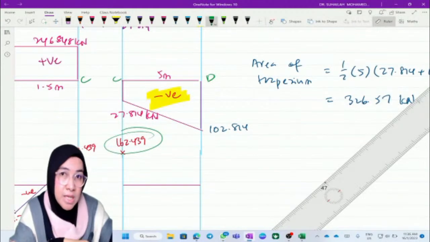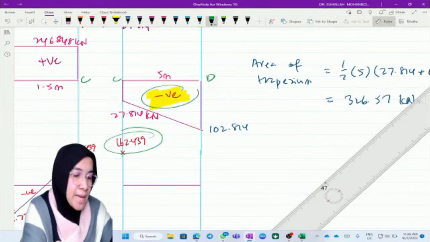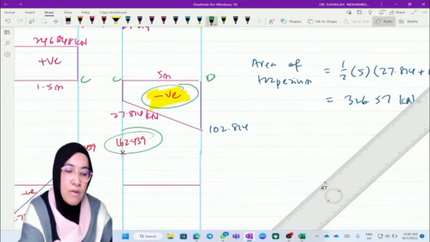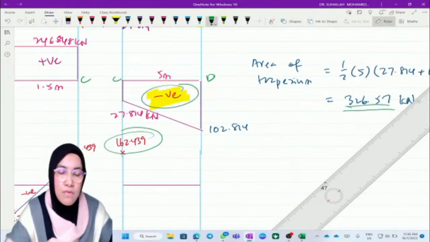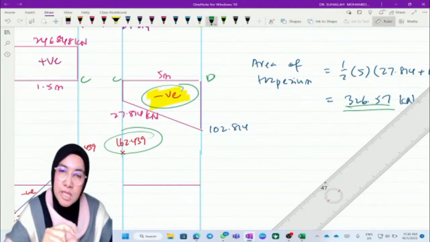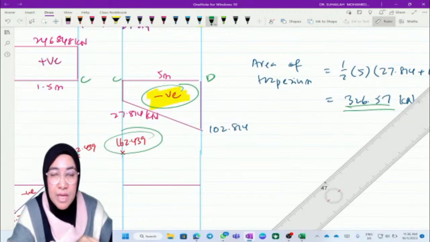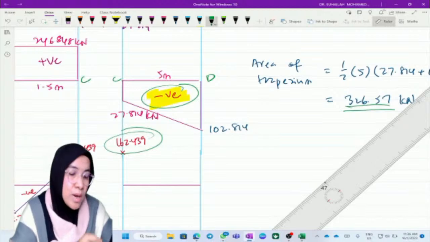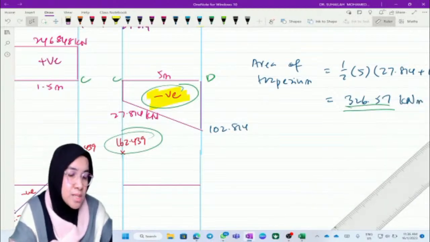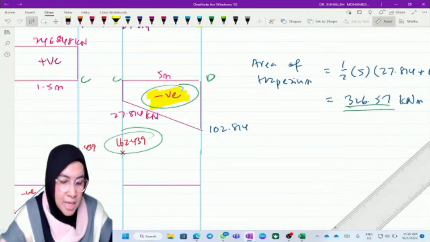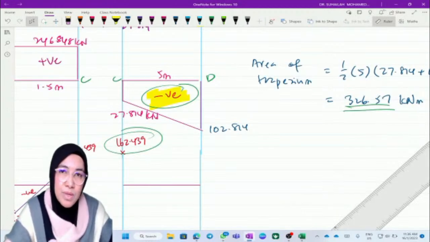We have to minus the area of trapezium, because in the shear force diagram the sign is negative. So 162.439 minus 326.57, we get negative 164.13.